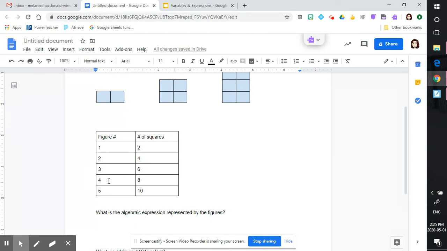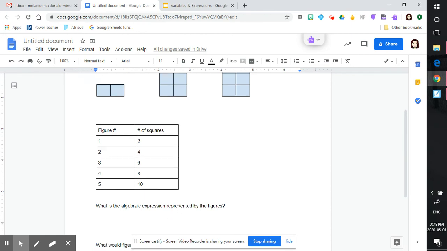What do I have to do to 4 to make it 8? What do I have to do to 5 to make it 10? And it has to be the exact same thing every single time. Did any of you think of what you could do? It's multiply by 2. So anytime you have a figure number and you want to know how many squares there are, all you would do is take the figure number and multiply it by 2.